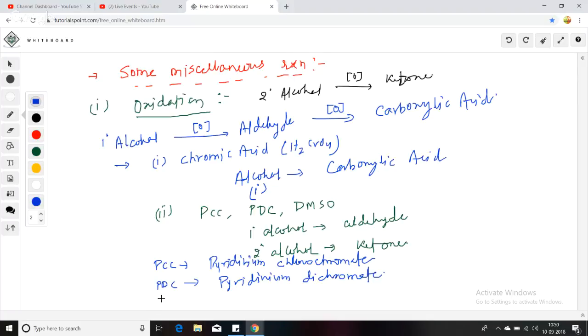And DMSO is dimethyl sulfoxide. All these reagents we have come across already in the aldehyde ketone chapter. One more reagent we have, that is Jones reagent.